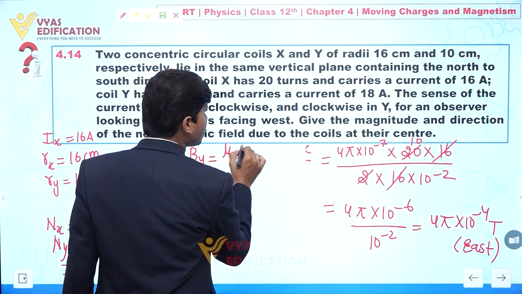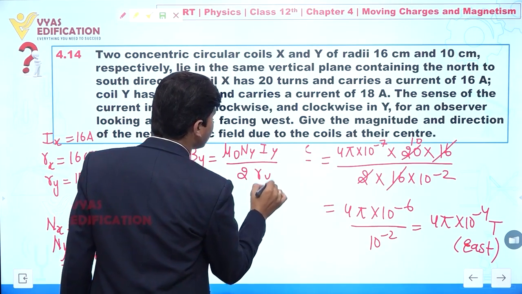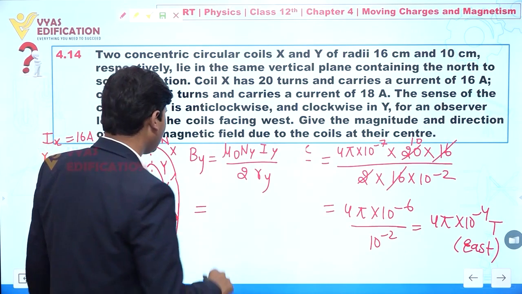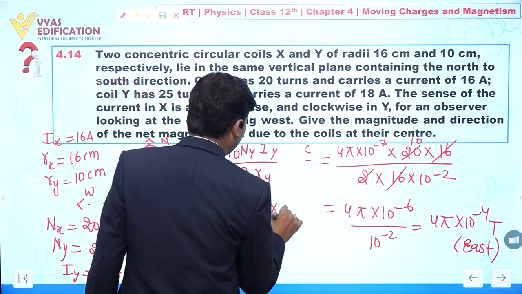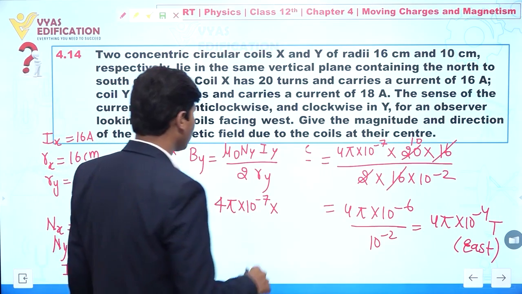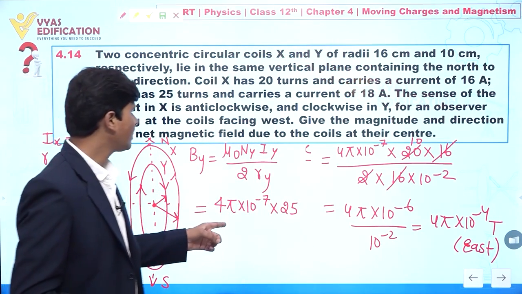I can write it like this: mu naught Ny Iy divided by 2Ry. Clear? The value of mu naught is 4 pi into 10 to the power minus 7, multiplied by Ny. Ny is equal to 25.